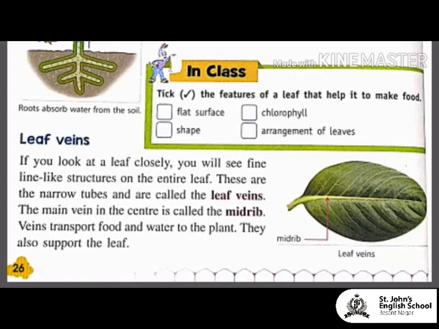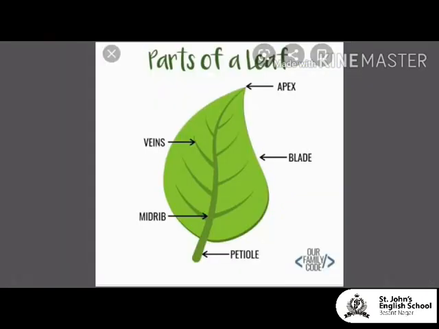If you look at a leaf closely, you will see fine line-like structures on the entire leaf. These are narrow tubes and are called the leaf veins. The main vein in the center is called the midrib. A leaf is attached to the stem by a stalk called the petiole or leaf stalk.